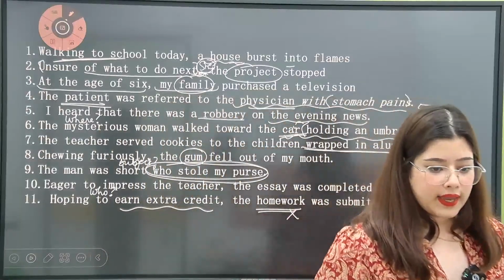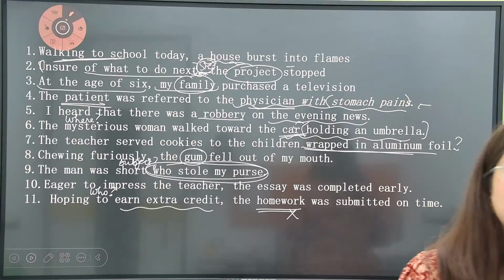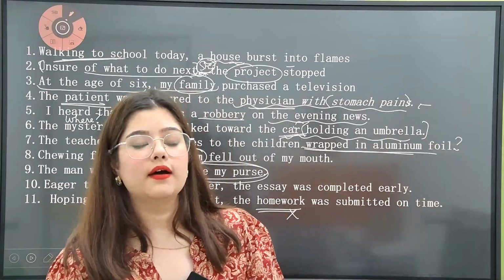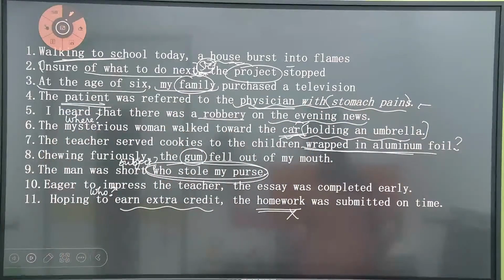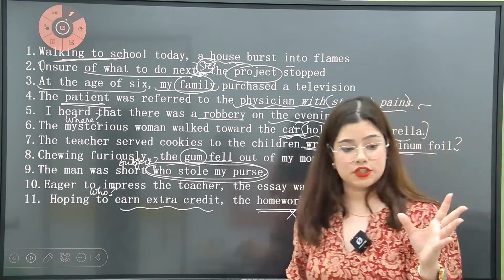Right? So, we have to be very, very vigilant while solving such questions. Try to keep the sentence similar. Do not make many changes.